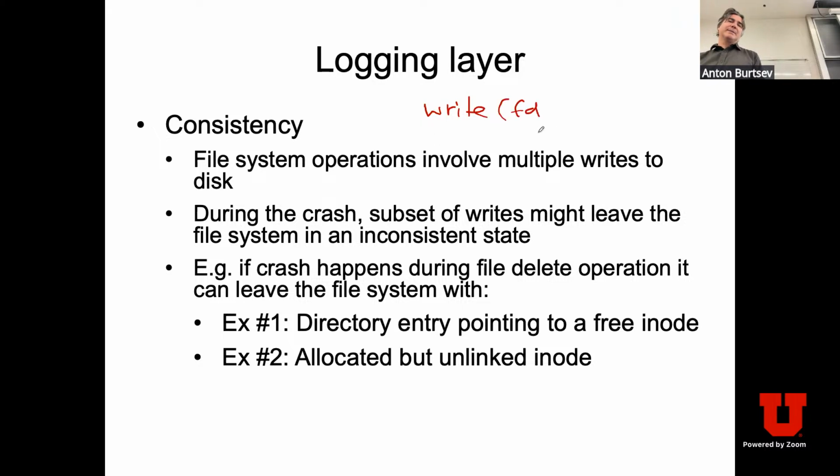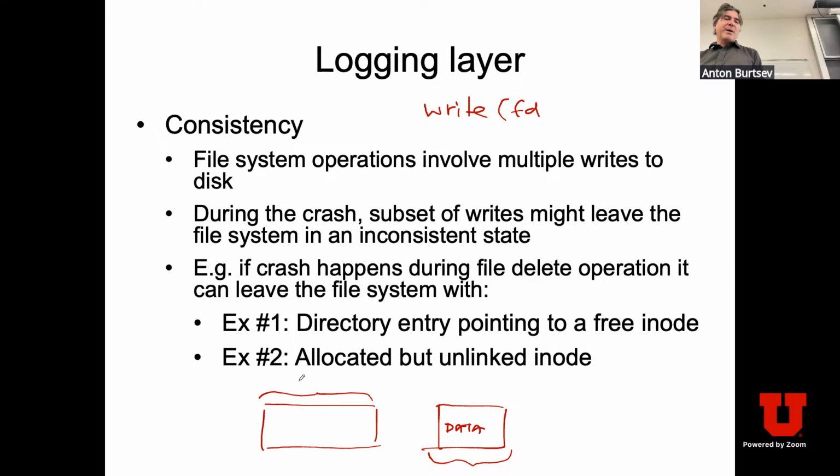And this write essentially says, okay, look, I need to allocate a new data block on disk, which means that you have to go into the bitmap area and mark this block as taken, which means that there is another write into this block. And maybe since you're doing a write, you have to patch the mapping inside the inode to point to this data block. And that means that it's another write into the inode area, right?